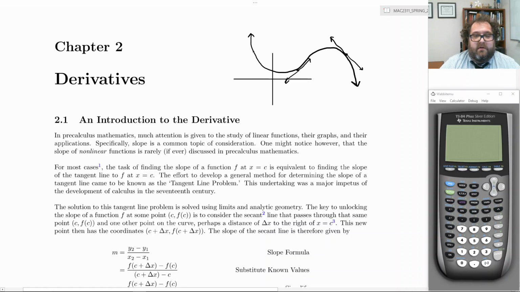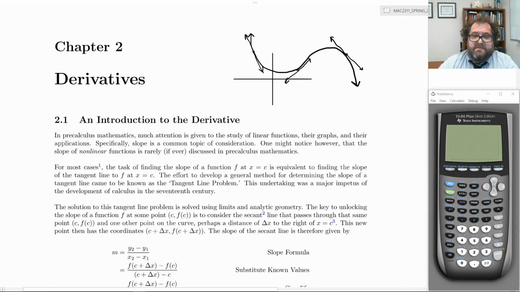And if I look over here, you're going to have a tangent line that looks like this. Okay? So those are tangent lines. And here's the deal. If you can find the slope of the tangent line, then you can find the slope of the curve, because they're the same thing. So the slope of the curve at this point is the slope of that tangent line. Same thing over here.